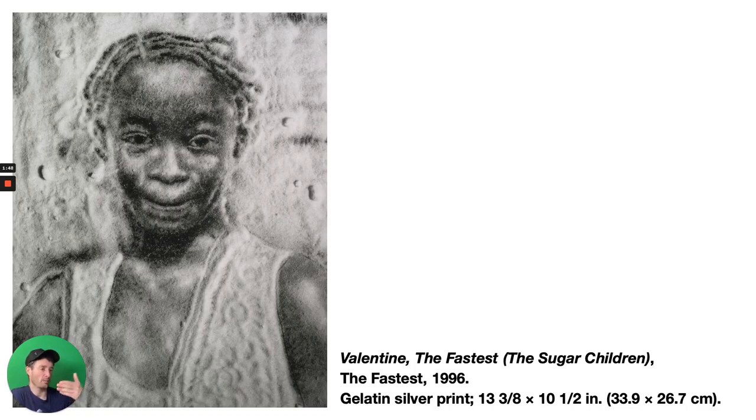Not only in the paper being black paper, which has its connotations to race and to the ethnicity of the subject, but also the sugar itself being derived directly from the connection to the living life of this person.